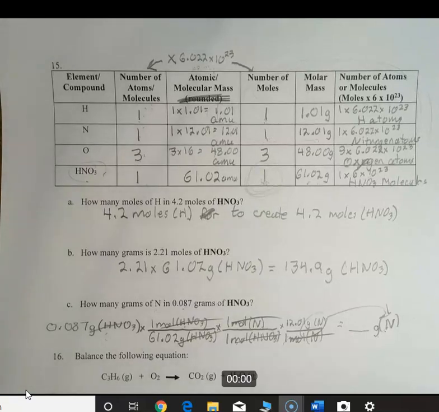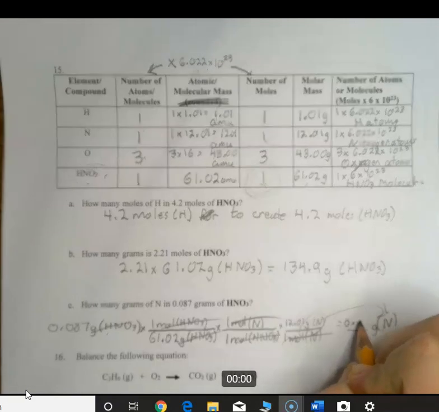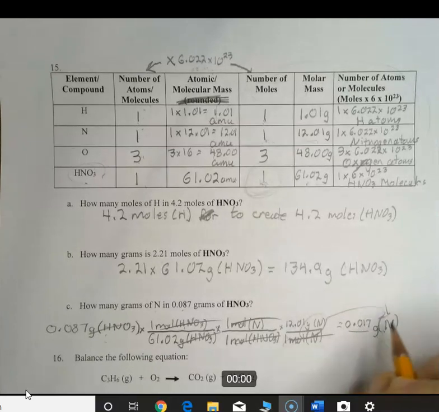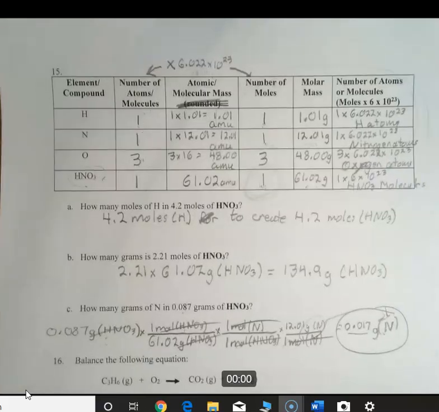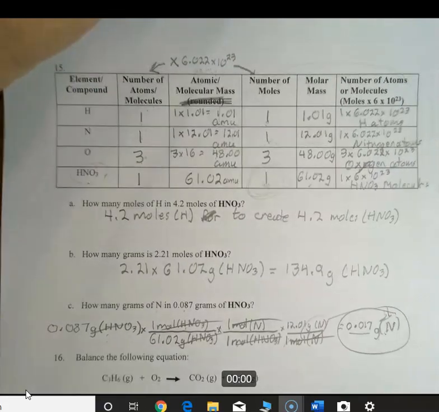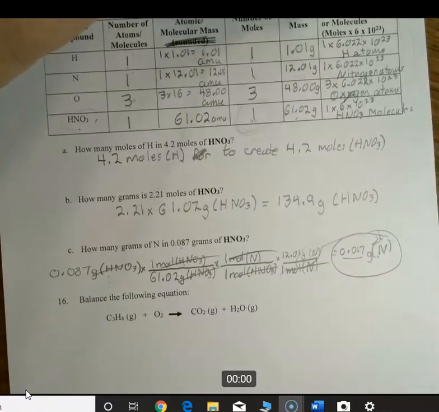So now you multiply the numbers. 0.087 times 12.01 divided by anything on the bottom, and that would be 61.02, and that gives you 0.017 grams of nitrogen. Okay. All righty. So we'll get to where you're proficient at those again.